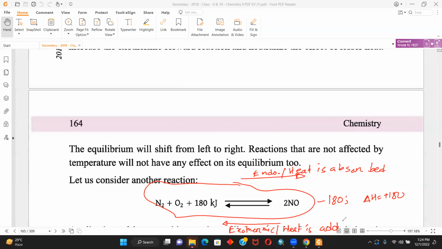So in which direction is heat being added? In the backward direction, from right to left. So in that case, backward direction will increase. I don't know why you are getting confused with this.